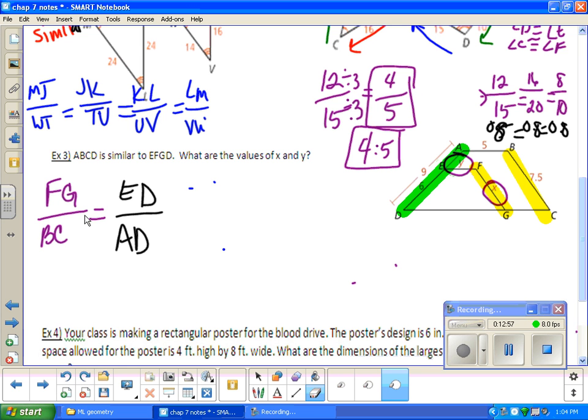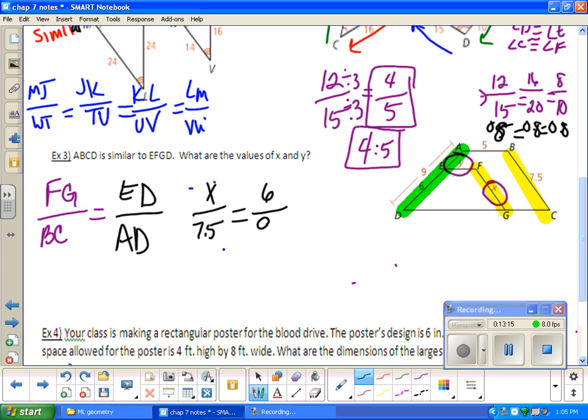Okay. So now I want to plug in the numbers that I know. So if I have FG is x and BC is 7.5 equals ED, which is 6, over AD, which is 9. And the reason I know that is here it says 6, and then this symbol here is telling me that the whole entire side equals 9.